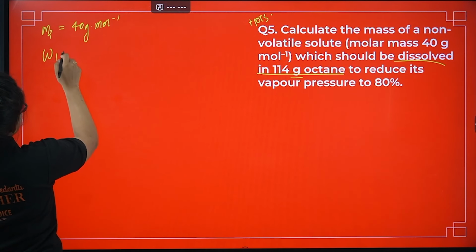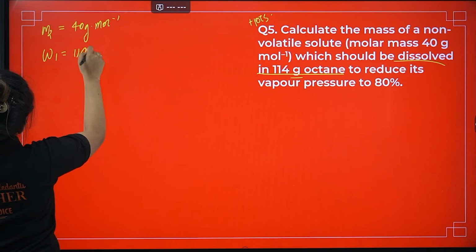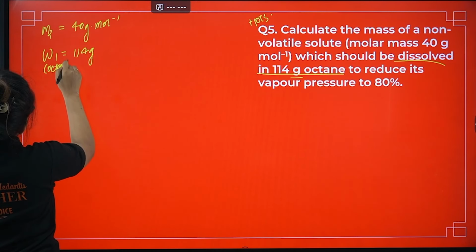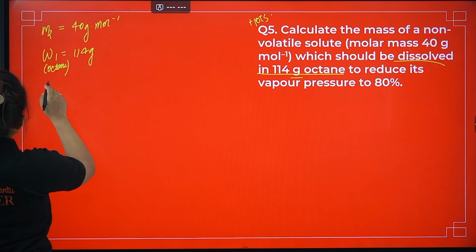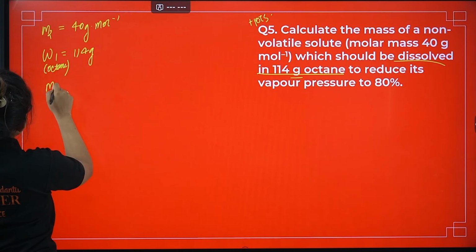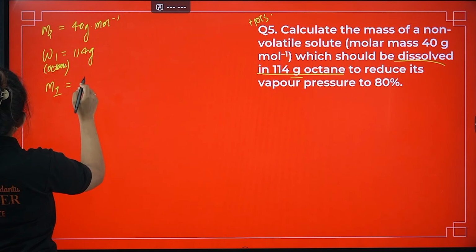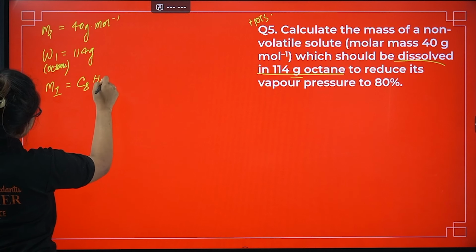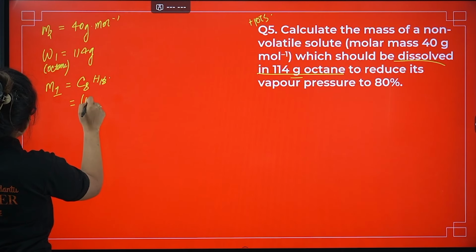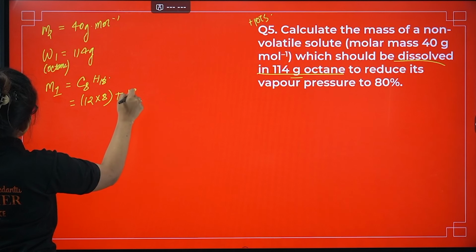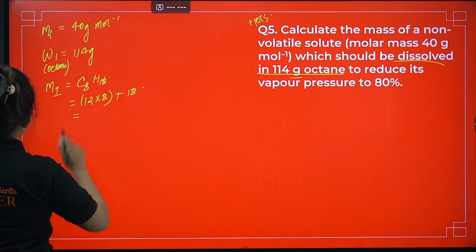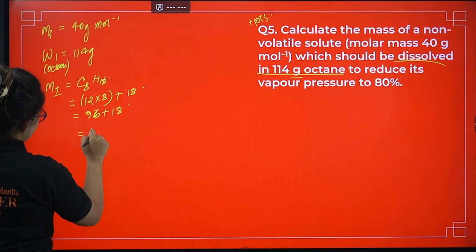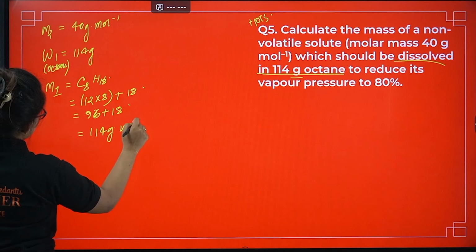So weight of octane here is basically 114 gram. Next, the molar mass of octane. The octane formula is C8H18, so 12 into 8 plus 18, that is 96 plus 18, which comes to 114 gram per mole.